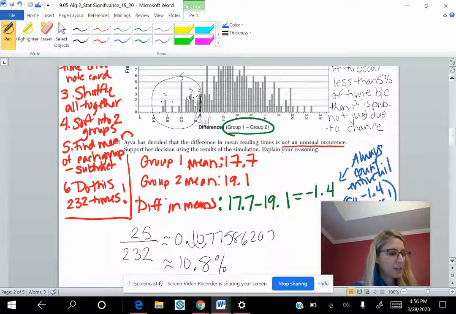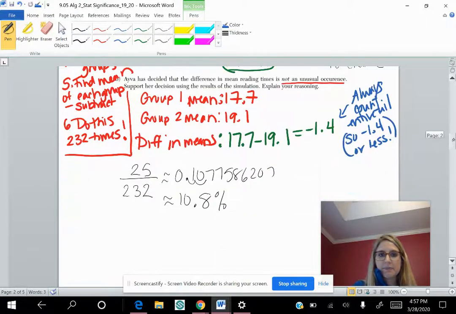So is that less than 5%? No, it is more, which means it is within your 95% of your data. So it is not that unusual for it to happen, which means it is not statistically significant.